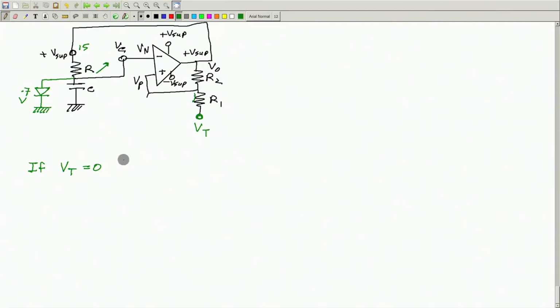So this is the normal, usual state, usual condition.